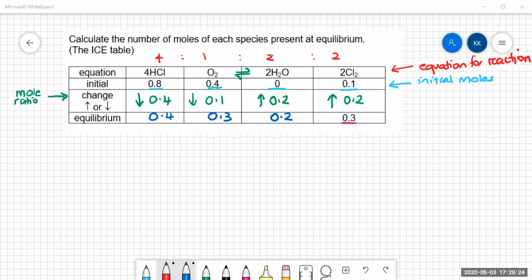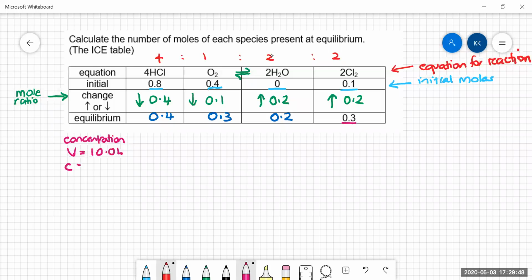Now we know the number of moles of everything at equilibrium. We have to be careful. This is one of the traps for young players. You do not substitute moles into the KC expression. You substitute concentrations. So you must work out your concentrations. Looking back at the question, you'll see that the reaction vessel was 10 litres.